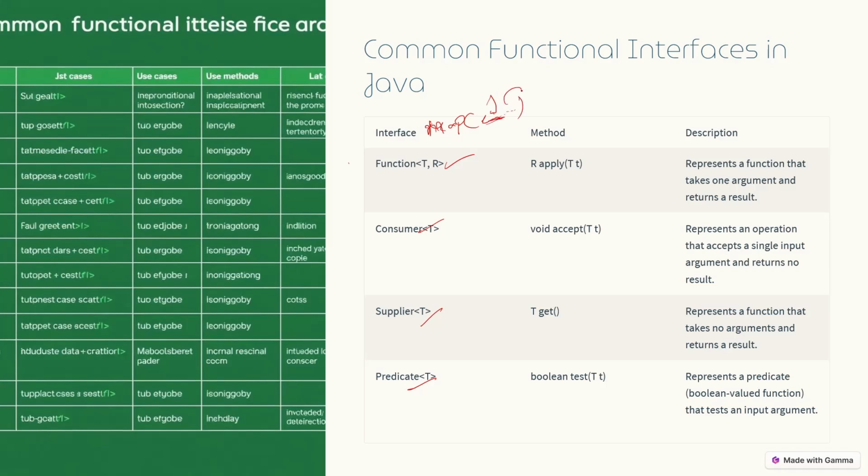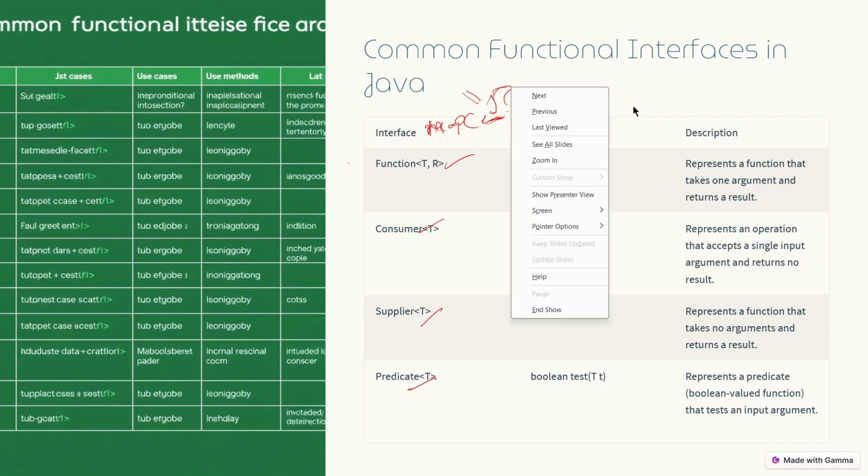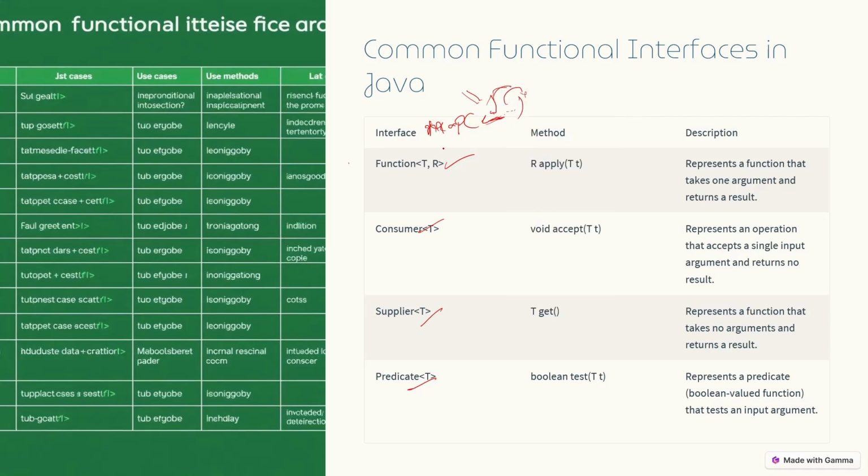What will it return? It will return the same type. If I am sending integer, it will give the output as integer. If I am sending string, it will give the output as a string. Correct? So inside of this map, they are using the Function functional interface. It has an apply method. Whatever input you are injecting, let's say I'm sending an integer, it will do the process and give the result in the format of integer.